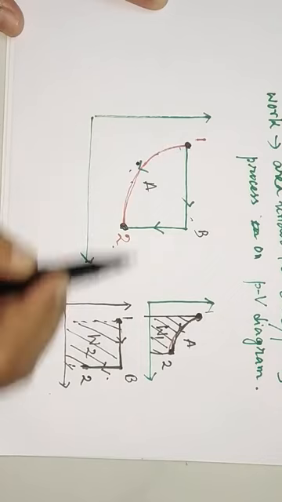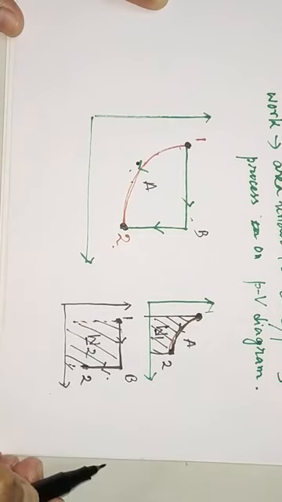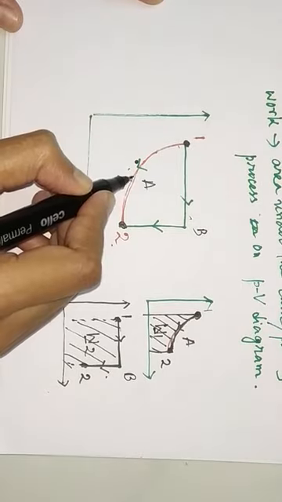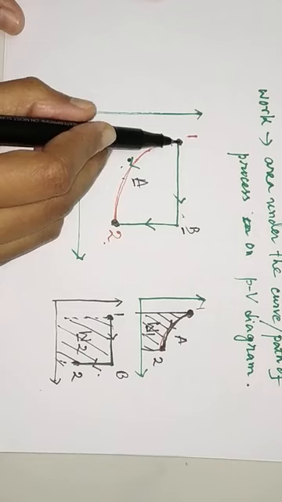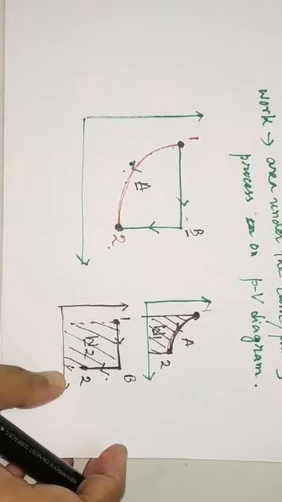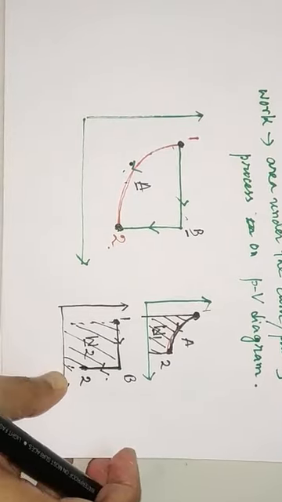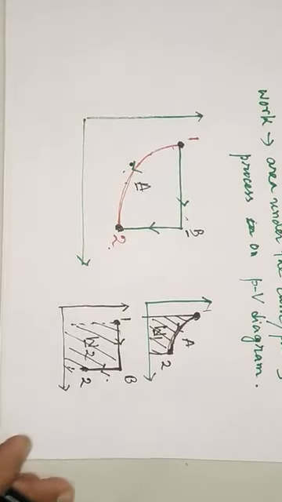So the work done, being a path function, will also have different values for these two different paths, even though the initial and final states are the same. Similarly, heat is also a path function, but this cannot be shown by a pressure and volume indicator diagram. We have to use some other diagram.